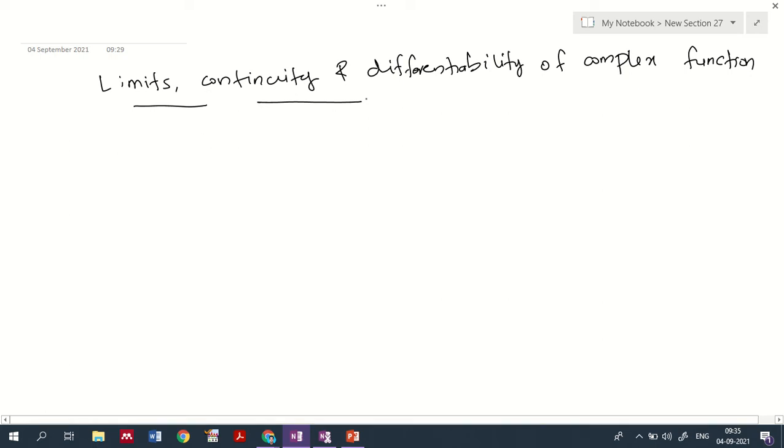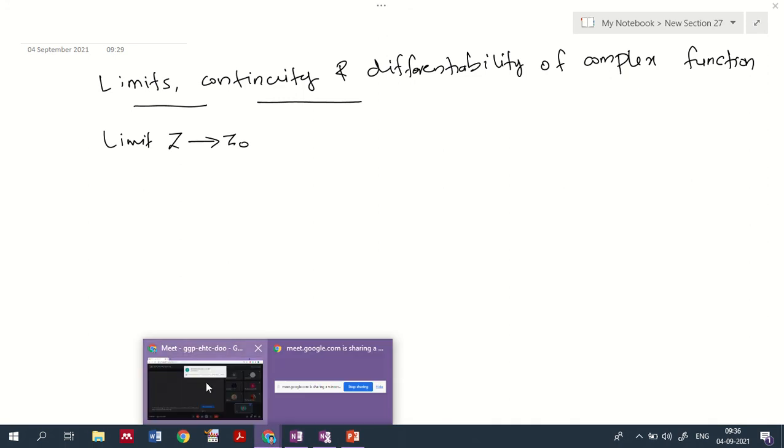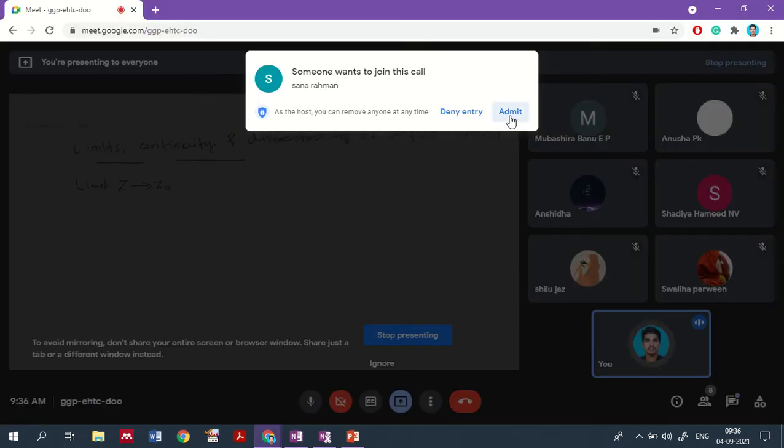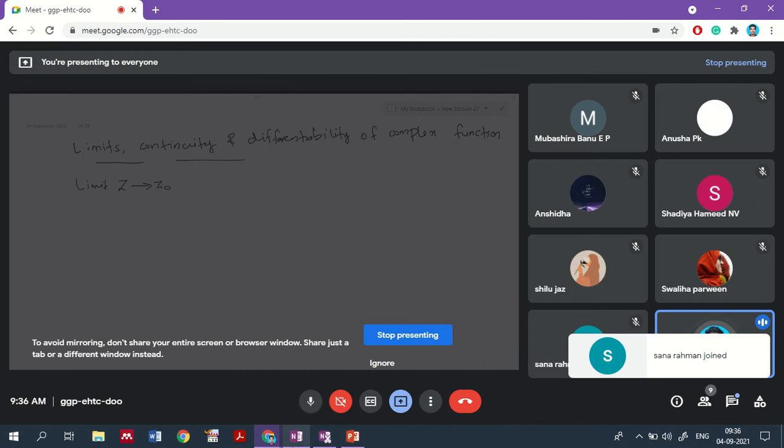Okay, so we know that whenever we talk about a limit, how do we represent it? Normally we say z tends to z0. That arrow is designated as z tending to z0, so z is going to be z0.